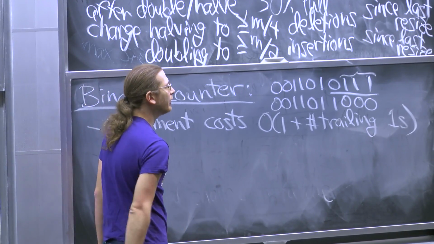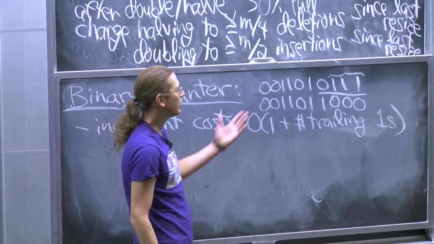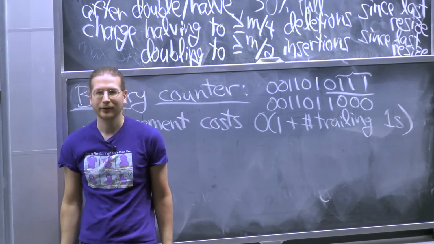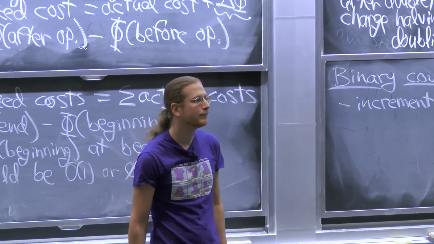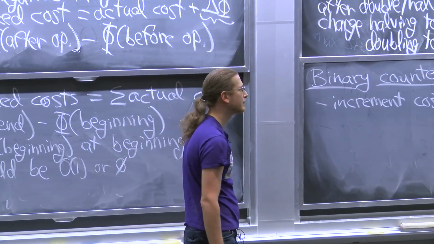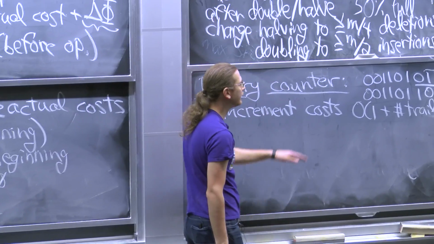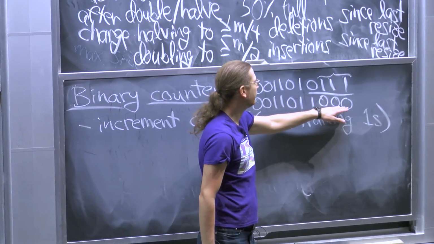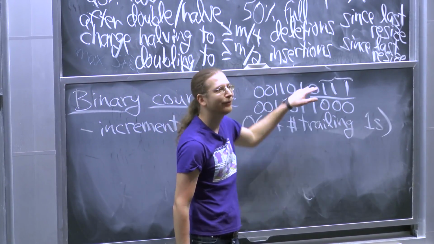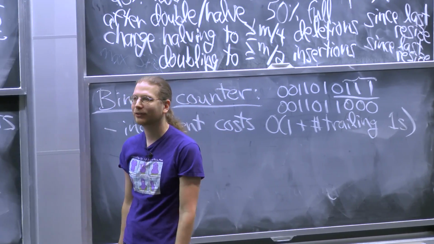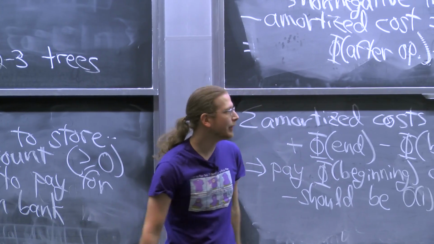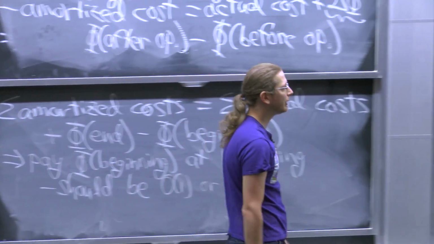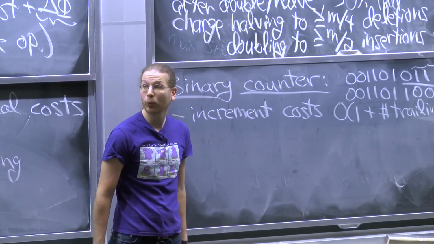We'd like that to be constant. So intuitively, what is making an increment bad? If you had to name one thing. If I just look at a configuration, is this bad? Is this bad? How bad is the configuration? Yeah? The more trailing ones you have, the worse the state is. The more trailing ones, the worse the state is. So that's one natural definition. Turns out it won't work.